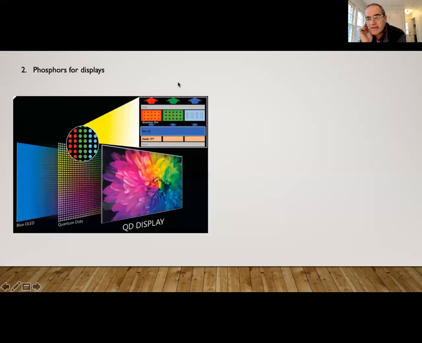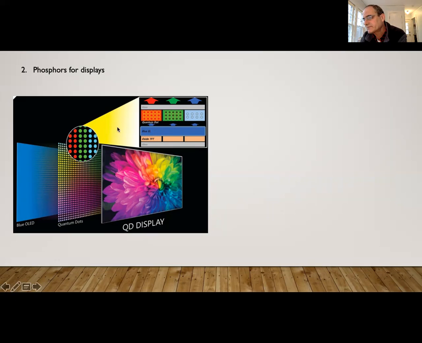A second application that's already in the marketplace is as phosphors for displays. And here's how this might work. In a display, there's a source of blue light, like a large area organic light emitting diode made from organic semiconductors.